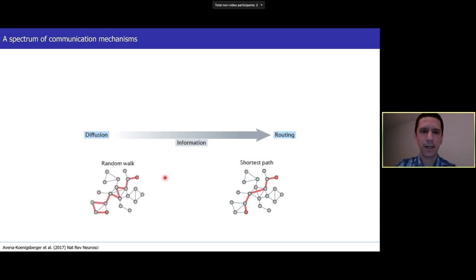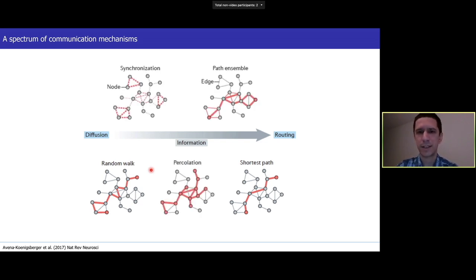On the other extreme, we have many communication mechanisms that are related to the concept of a random walk. A signal is emitted from a source node and it is then randomly forwarded to nodes that are anatomically connected. And we measure the probability of that signal eventually reaching the target node.